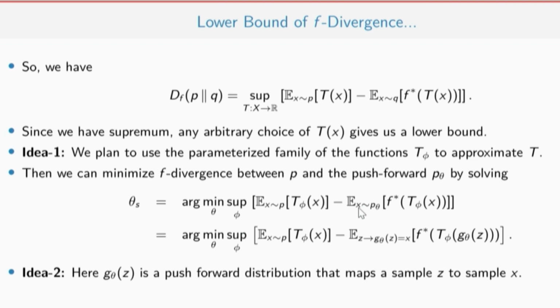In other words, I will generate some z from a known distribution, and I have a generator g_theta which will take z to some sample that I'm looking for. There is this push forward distribution that we defined earlier in the class. In generative modeling this is how we define it: from a known distribution where I can sample, it should go to a distribution that I want to generate.